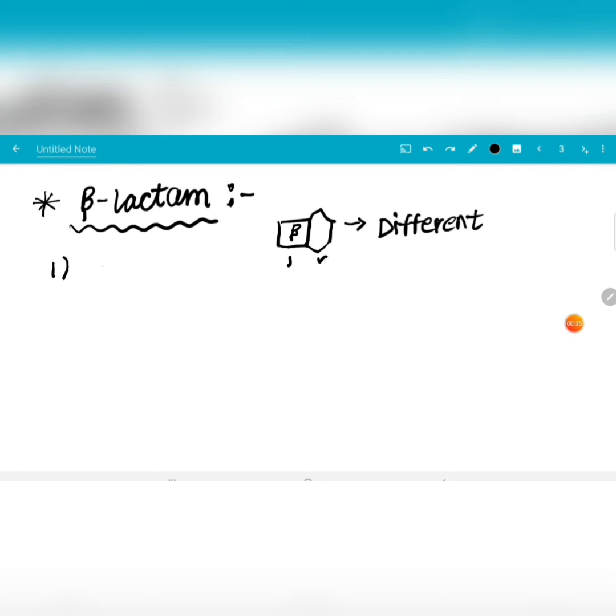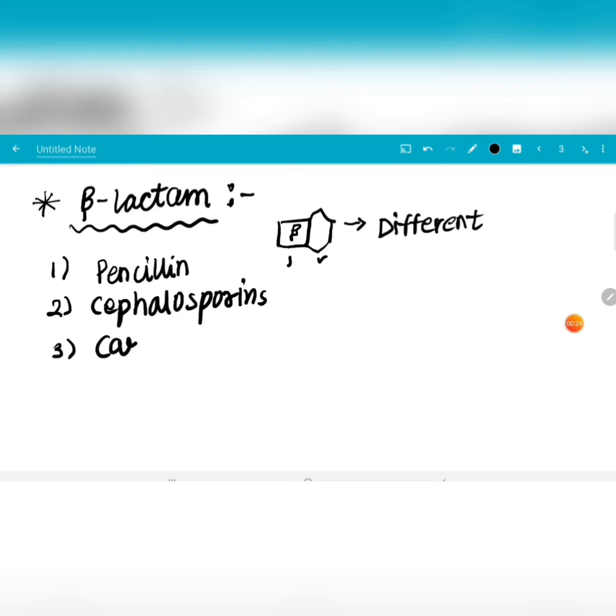So beta-lactam drugs include penicillin. Second group of drugs, cephalosporins. Third group of drugs, carbapenems.